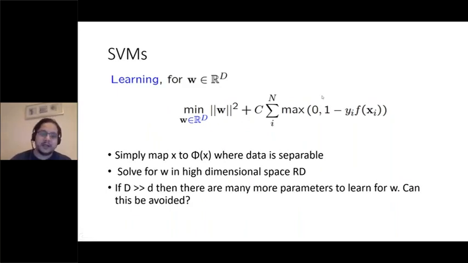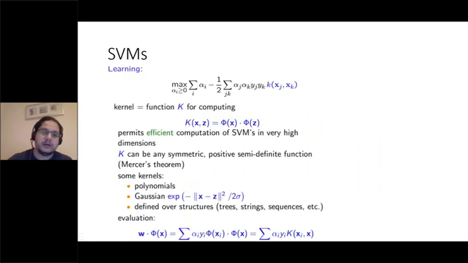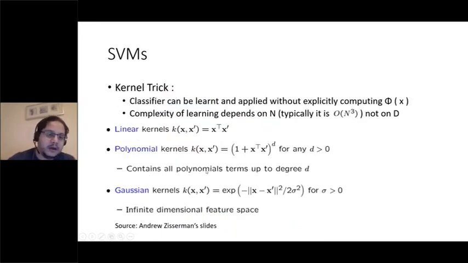So instead of computing the new points in their new space, xj and xk, we have a formula that computes their dot product directly without computing them. For example, with a polynomial kernel, we skip this step.